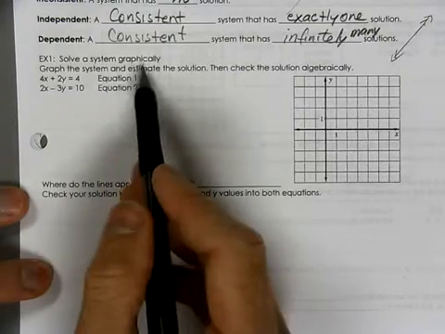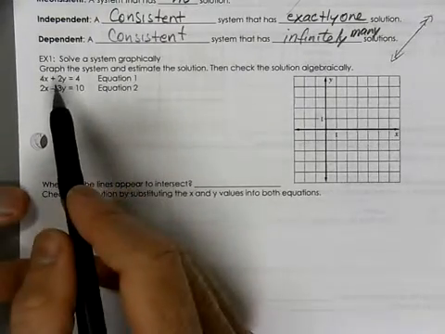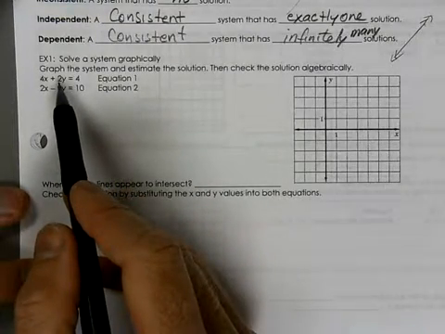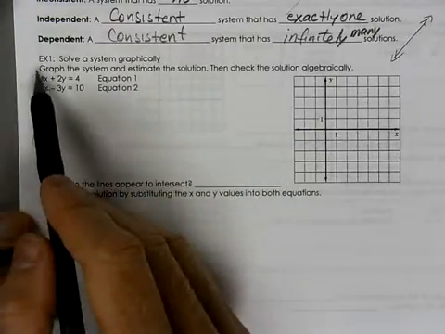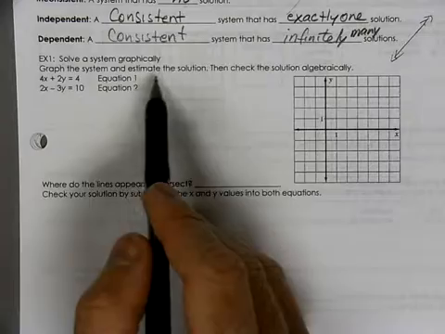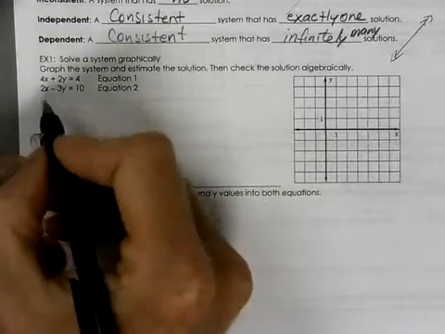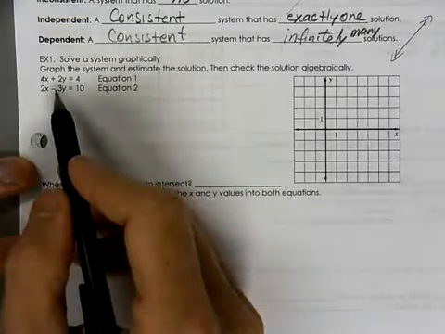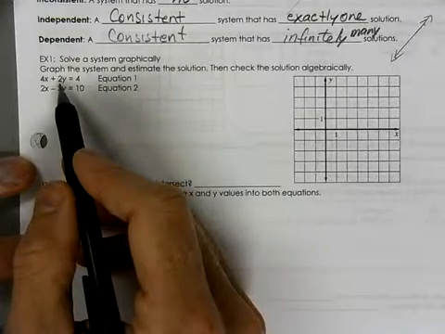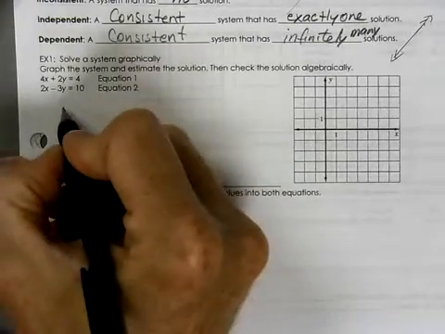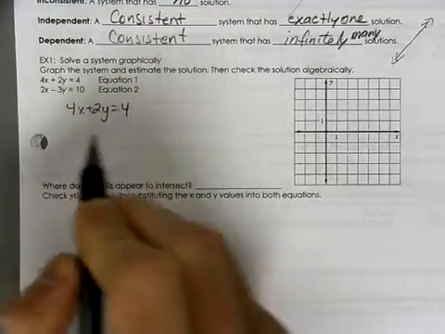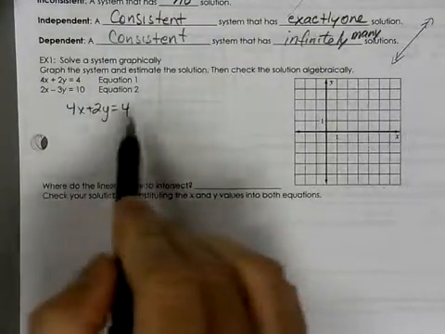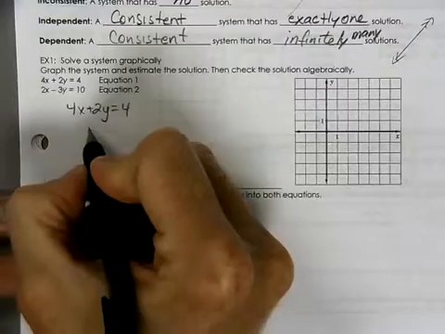We're going to solve this system graphically. Graph the system and estimate the solution. There's a couple different ways we could graph this. Typically what we like to do is convert it over to y equals mx plus b. You could solve for the zeros and connect the dots.